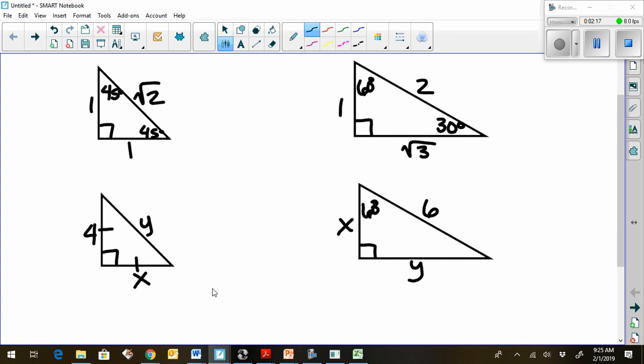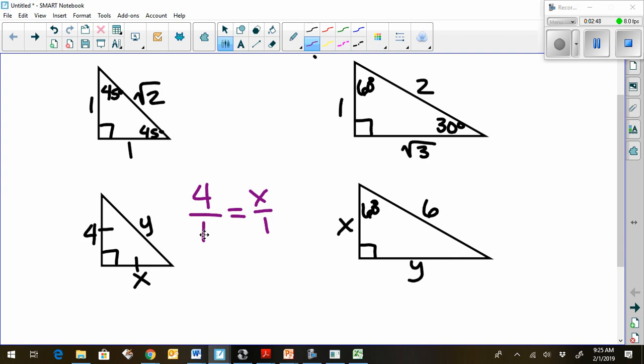So when I think about this, I have 4 over, notice where 4 is? 4 over 1 would equal x over 1. So this is one way I could solve for x.